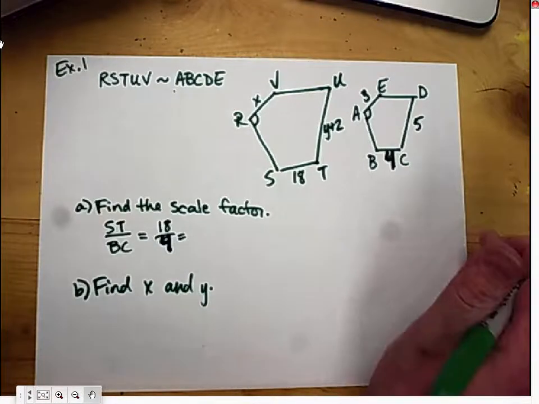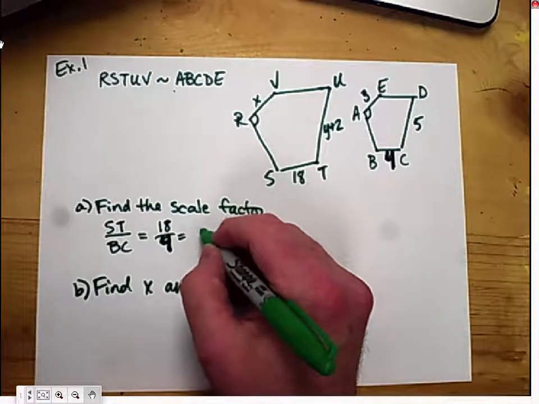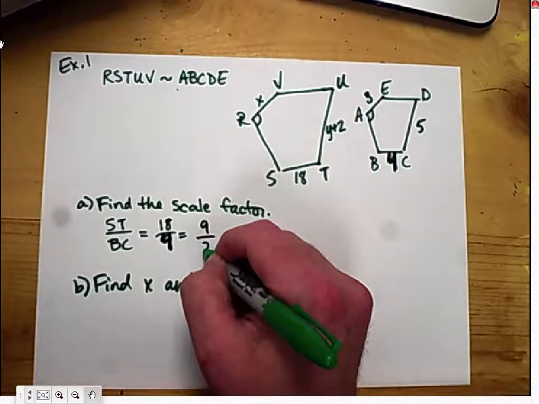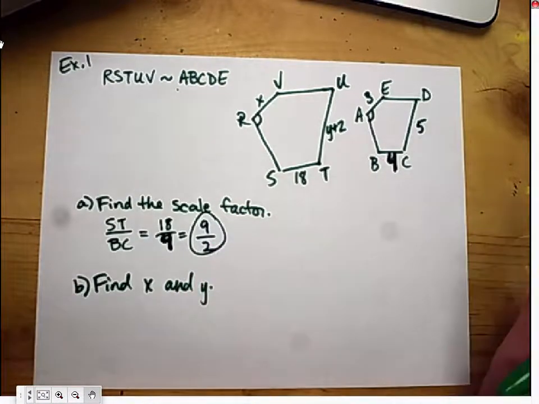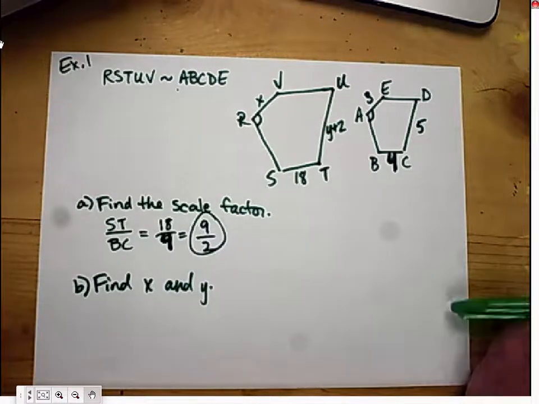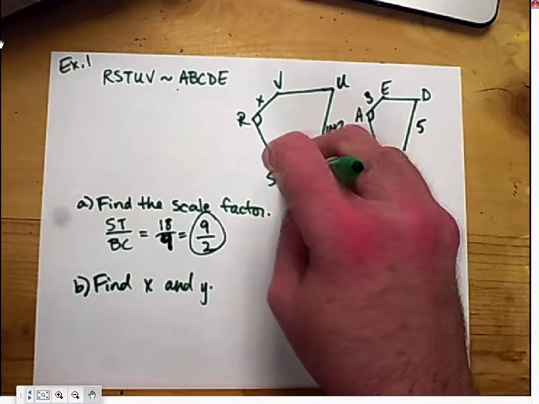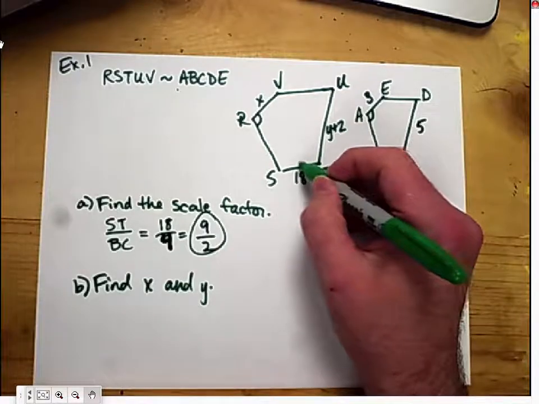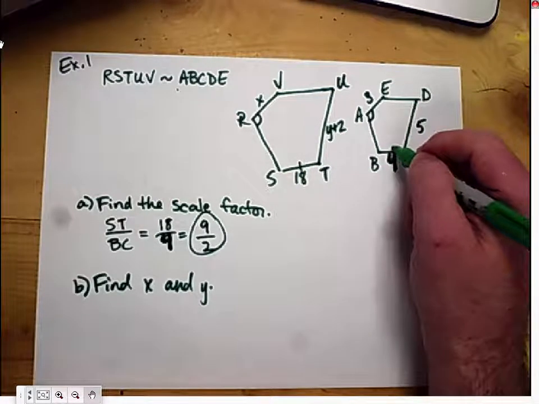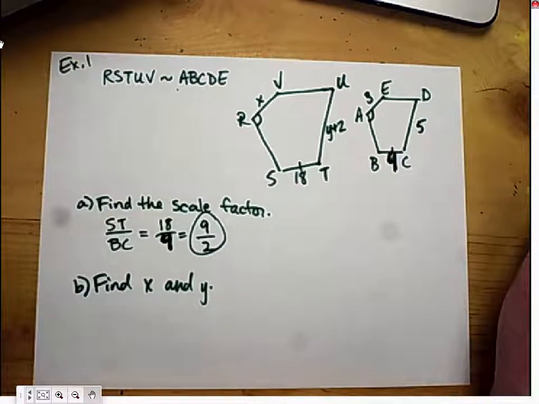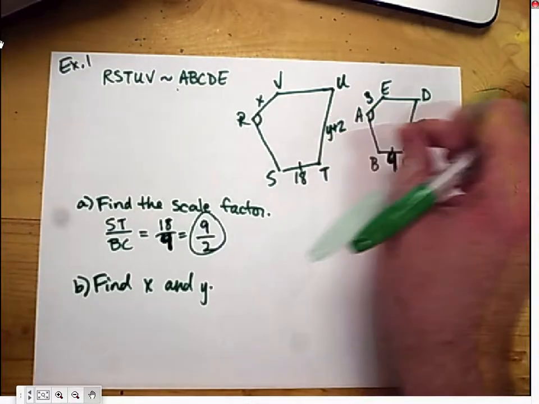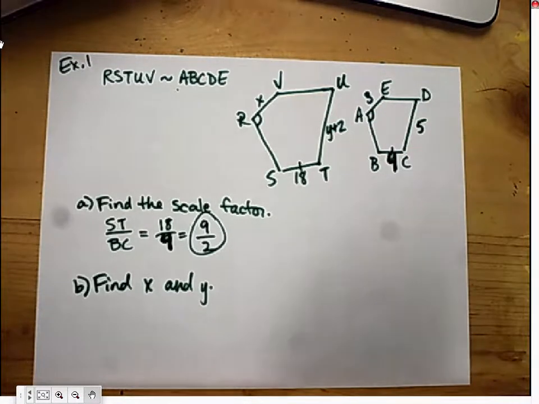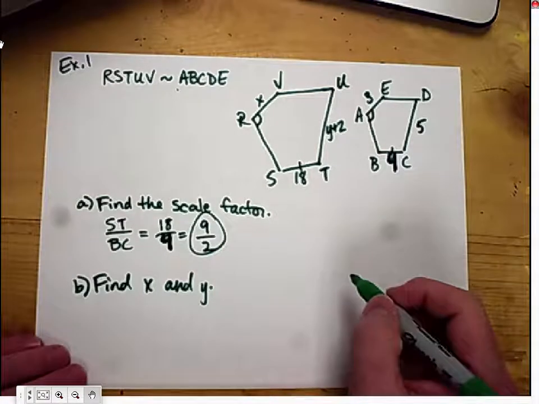Okay. So 18 over 4, which 2 goes into both of those, and you get 9 over 2. So that's the scale factor, which means 9 on the big shape corresponds to 2 on the small. To see, that is 2 9s, that would be 2 2s. So 9 over here is 2 over here. Okay? So the scale factor is 9 over 2.